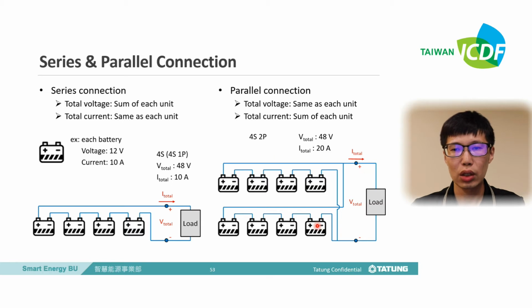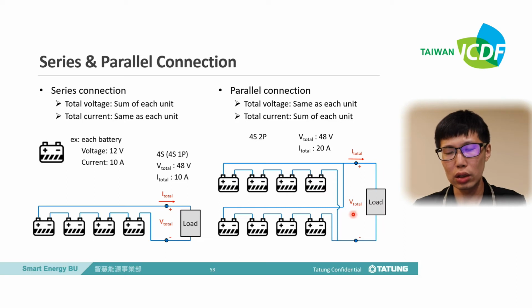In this case, we connected these 4 batteries in series and connected these 4 in series, and then we connect these two in parallel. So we will call this connection 4 series 2 parallel.